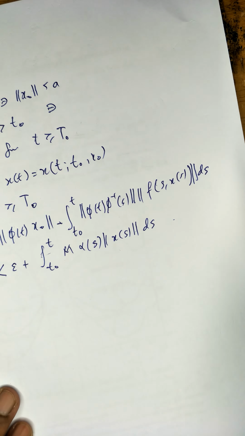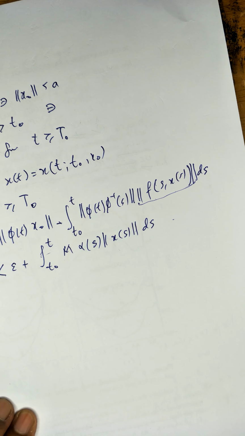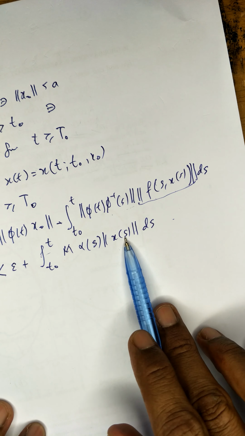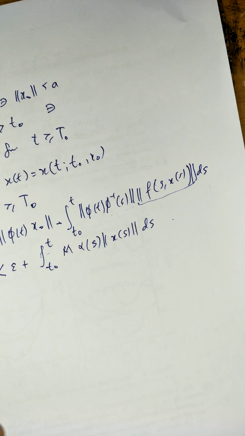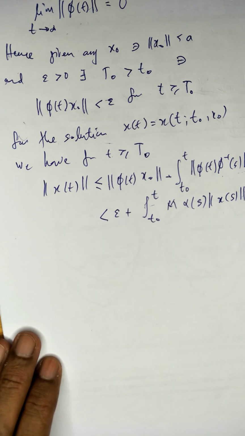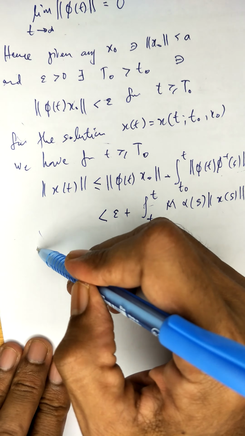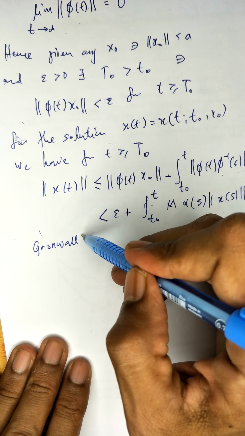We can write this because the norm of f is less than some alpha and phi is less than number M, and x is still there. So you can use Gronwall's inequality again. I think you can find what Gronwall's inequality is.